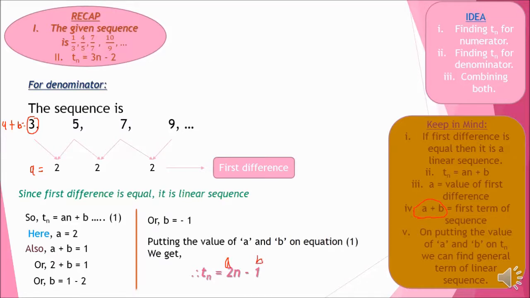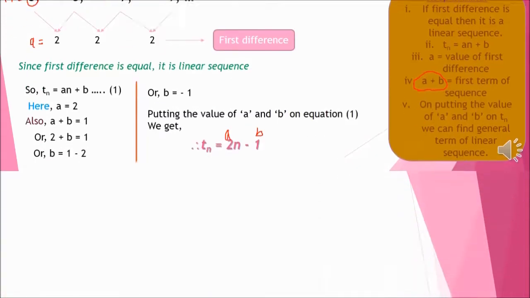Now we have Tn for the numerator and Tn for the denominator. Let's combine them now. Now recap.